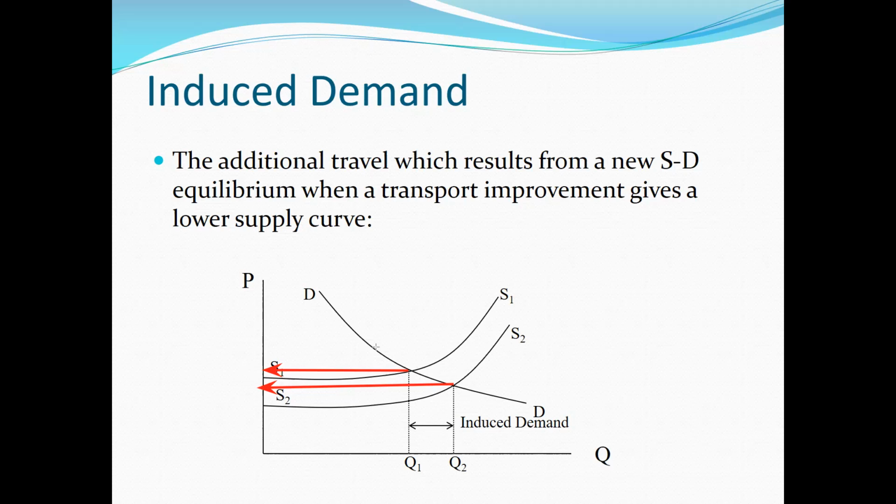So the induced demand might lead to a different demand curve completely, and if the demand curve changes completely to this level, the new price could even be higher than the old price. If the demand curve shifts over time, you might start operating at an even higher supply curve in the long run. So this is your long-term demand.